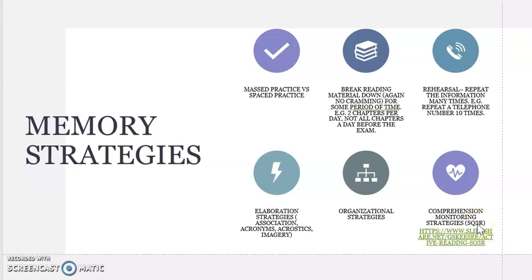You can learn how to do comprehension monitoring using the SQ3R method by going to this link, because this link has a slide that shows you how to do effective reading using SQ3R.